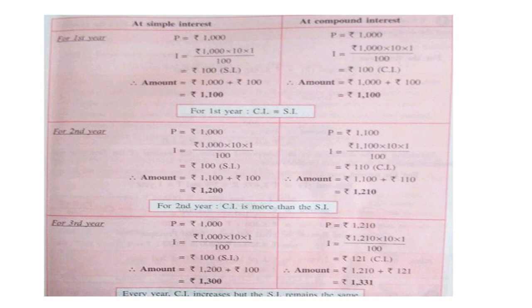But in the second column, for compound interest, the first year principal amount is 1,000 and the amount at the end of the first year is 1,100. So the amount at the end of the first year is calculated as 1,100. That becomes the principal of the second year. Similarly, the second year amount comes to 1,210. This amount becomes the principal for the third year. This is the major difference between simple interest and compound interest.